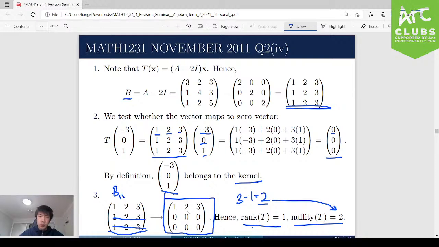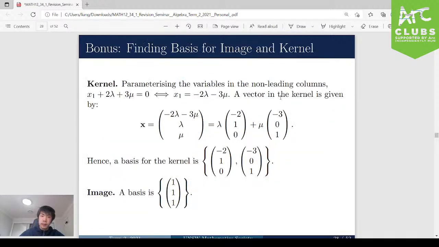So we'll set x2 to be alpha and x3 to be beta. Then our equation from our first row should be x1 plus 2 alpha plus 3 beta equals 0.